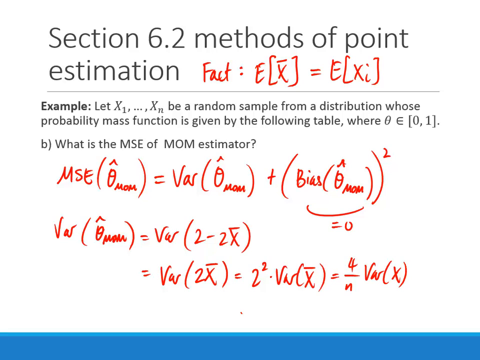I think we already calculated that to be 4 over n times (1 minus theta over 2 minus theta squared over 4). We calculated that, that was also from our Wednesday notes.